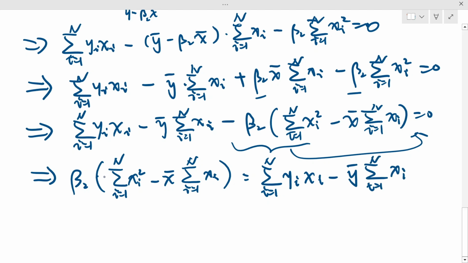Divide both sides by n. Note that this becomes x bar now, and this becomes x bar.